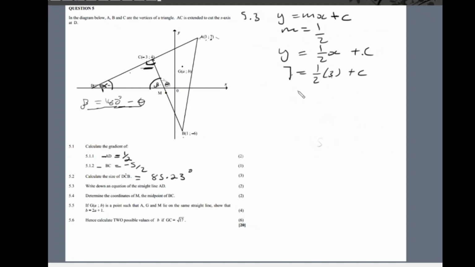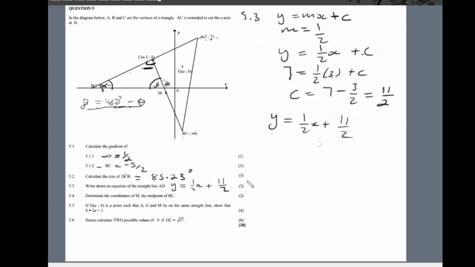So now c is equal to 7 minus 3 over 2, which is equal to 11 over 2, right? Okay, so therefore the equation of the straight line AD is y equals 1 over 2 x plus 11 over 2. That is 5.3.